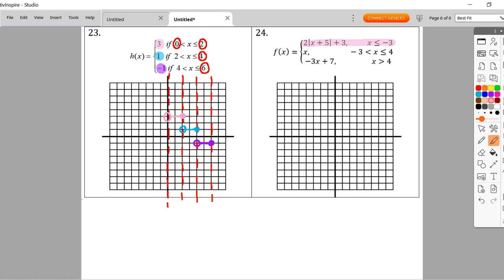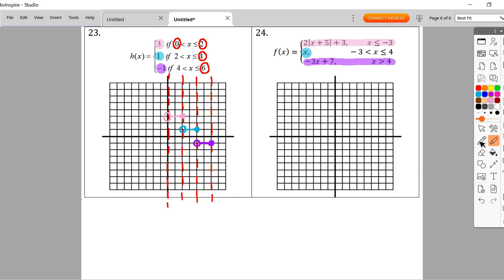Then, if I have -3 being less than x being less than or equal to 4, I'm going to have my graph be just f of x equaling x here. And then again, last part of this is going to be when x is greater than 4. I'm going to have f of x equaling -3x plus 7.